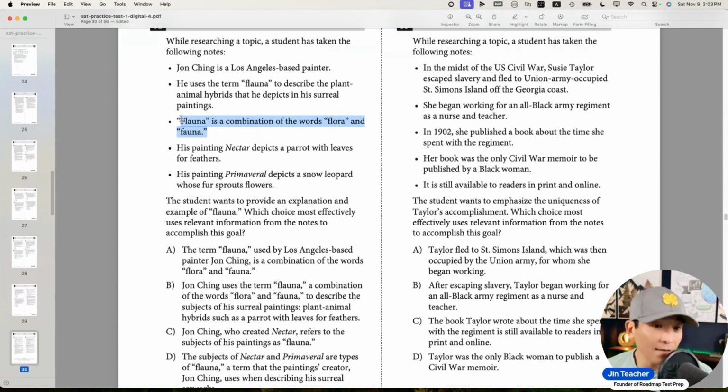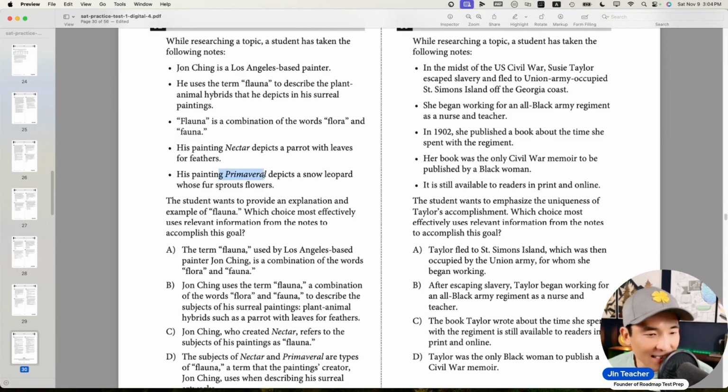It just tells us the definition of fauna, right? So what is a fauna? How does he use it? His painting Nectar depicts a parrot with leaves for feathers. So it gives us an example of a painting that has both animal and plant type of things. Kind of weird.